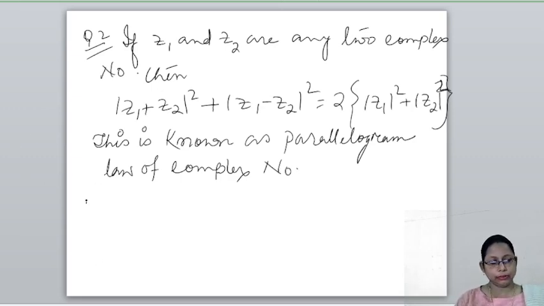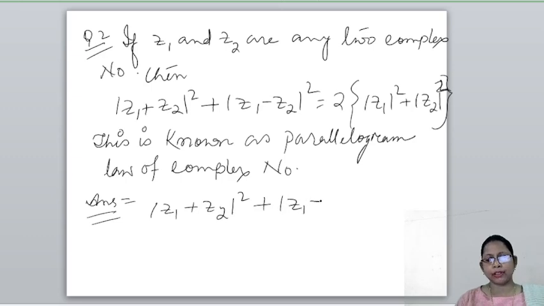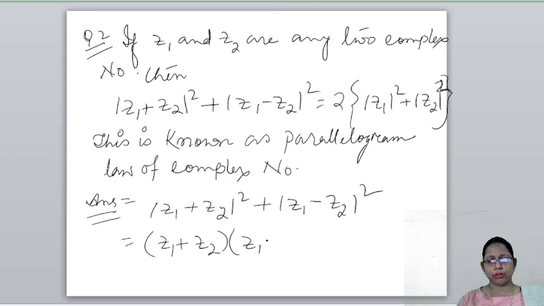Proof. Take the left hand side, that is modulus of Z1 plus Z2 whole square plus modulus of Z1 minus Z2 whole square, and by using the definition of modulus, that is Z1 plus Z2 times the conjugate of Z1 plus Z2, that will be equal to Z1 plus Z2 times Z1 conjugate plus Z2 conjugate. Then Z1 minus Z2 times Z1 conjugate minus Z2 conjugate.